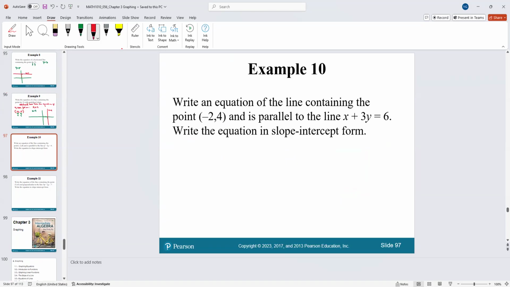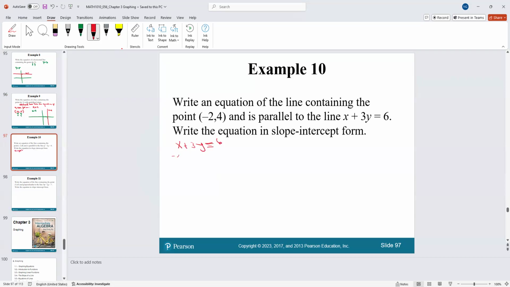Write an equation of the line containing the point (-2, 4) and parallel to the line x plus 3y equals 6. First of all, I can rewrite the line x plus 3y equals 6 in slope-intercept form.